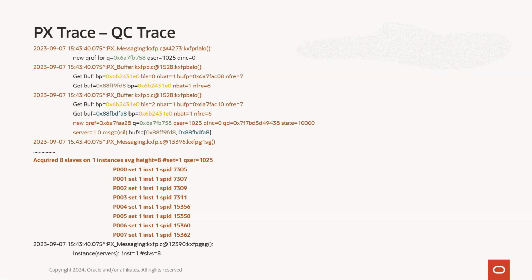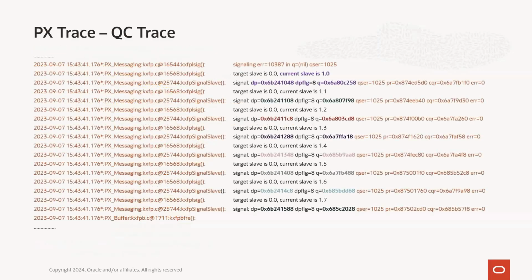These are buffers. What is the buffer length, buffer size, and all will be recorded internally as we have enabled the trace. So here we can see the slave information. The signaling error can normally be ignored. It is not exactly any issue or anything. So whatever slaves are acquired, 0.0, slave 1.1, 1.2, 1.3, like that.